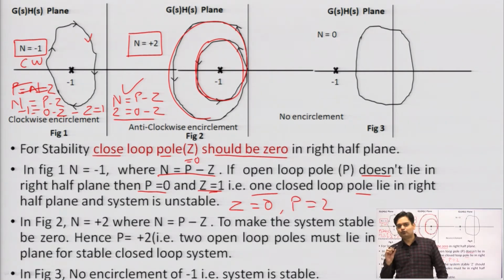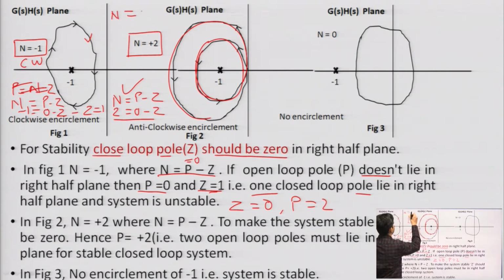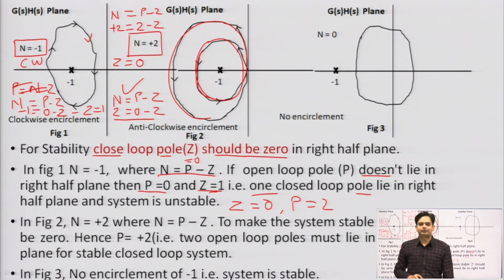It means if two open loop poles lie in the right half plane, then P equals 2, and in this case, putting it in the expression N equal to P minus Z, N is +2, P is 2, and Z would be 0 here. It means my system would be stable. If we do not have two poles in the right half plane, then my system would be unstable.